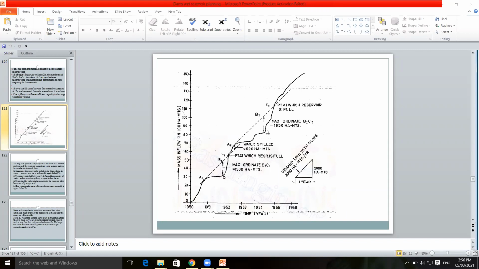Up to B2 C2, 1950 hectare meters of water is stored, and it increases from C2 up to F2, where the reservoir is full. In this way it continues. The points at which the reservoir is full are shown at F1 and F2.